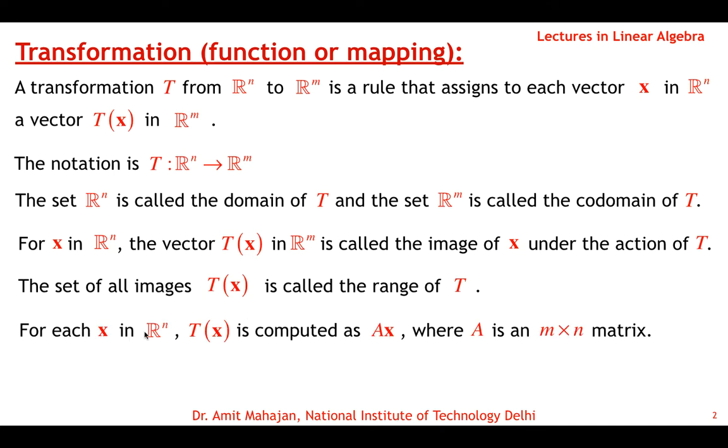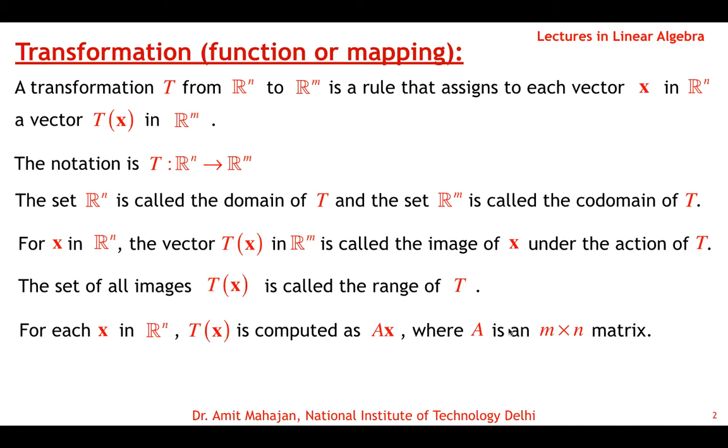For each x in Rn, the image Tx is computed as A times x, where A is a matrix of the form m cross n, so m rows and n columns. Whenever you are given a transformation T from Rn to Rm, the transformation matrix A will be of the order m cross n: the order of the codomain cross the order of the domain.